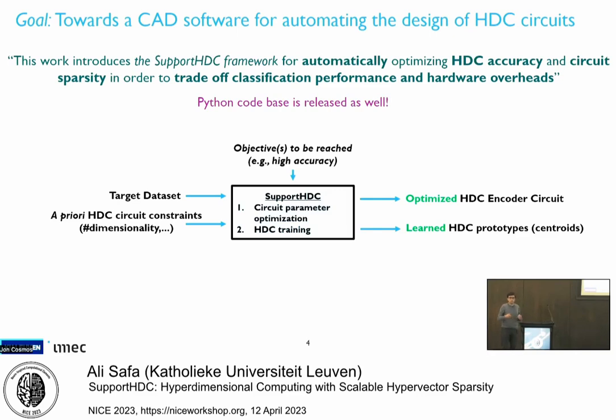For example, you want to not only maximize the accuracy of the system, but also maximize the sparsity of the hyperdimensional computing circuit for hardware implementation purposes. And this CAD software would return the optimized encoder circuits and the optimized parameters of that circuit, as well as the learned HDC prototypes, meaning these hypervectors that are the result of the training process.